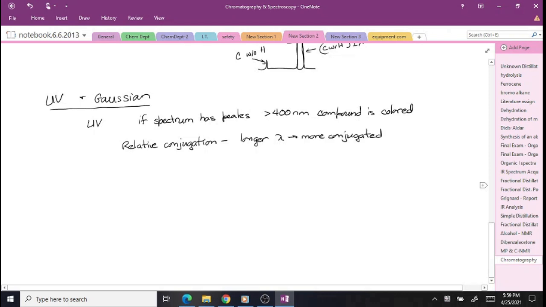And so if we are comparing two spectra, if one has, say, a peak at 350 nanometers and the other has a peak at 425 nanometers, the spectrum with the peak at 425 is going to have a more conjugated product.